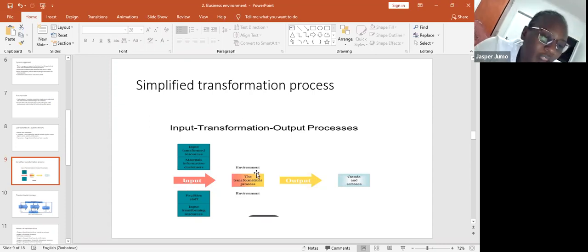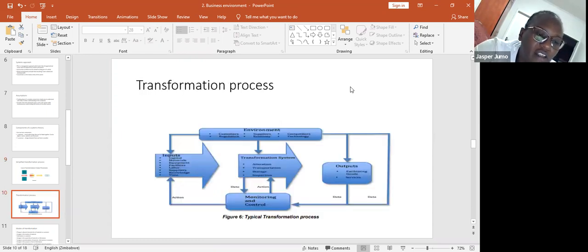But once you grasp that transformation process in its simplicity, you will be able to apply it even in more complicated situations. So I started off with the simplified version. Let's look at a bit more complicated situation now. I'm sure you can see that diagram there.